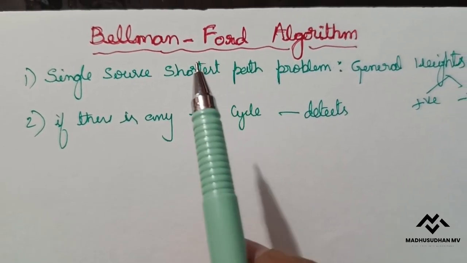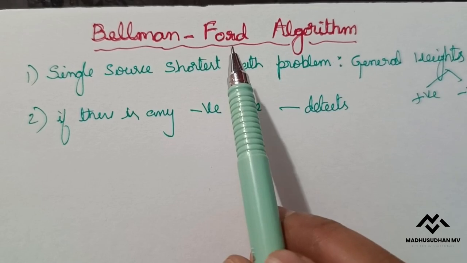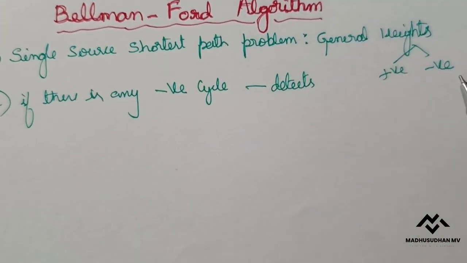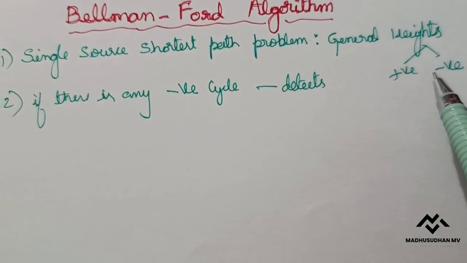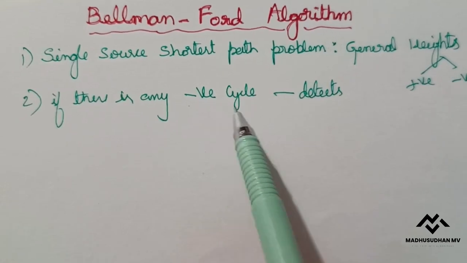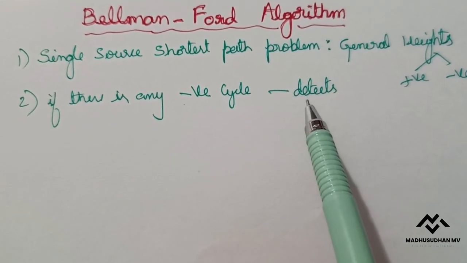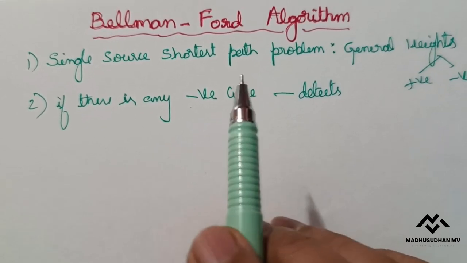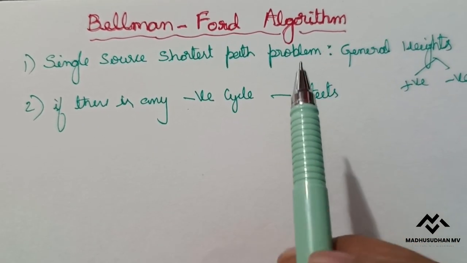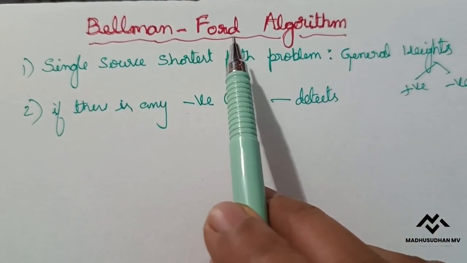So the Bellman Ford algorithm finds the shortest distance even if there is a negative edge. But if there is a negative cycle, then it is not possible to find. So it will detect the presence of the negative cycle and say it is not possible to find the shortest distance. That is the role of the Bellman Ford algorithm.